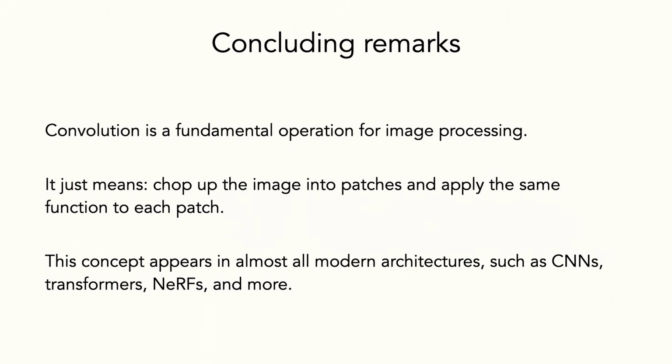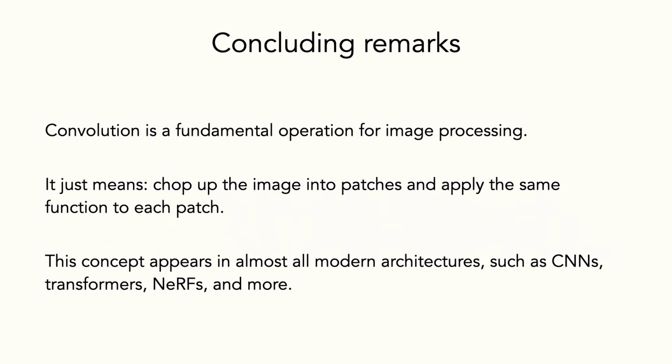Concluding remarks here. Convolution is really just a fundamental operation for image processing, or actually for processing anything that has some sort of structure. So this might be something like time, or even time, space, and multiple input dimensions. So say you wanted to use convolution over hyperspectral satellite imagery taken once a week from the entire Earth.